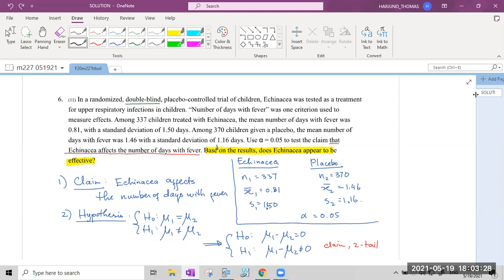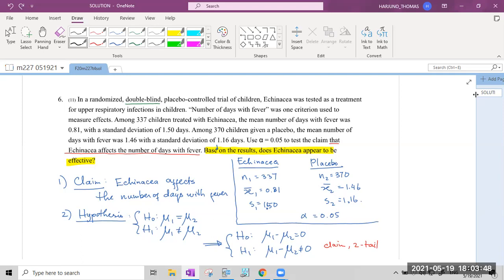What they actually ask is, does echinacea affect the number of days with fever? That's the claim they want you to test. And the follow-up question, does echinacea appear to be effective? That's the follow-up question.